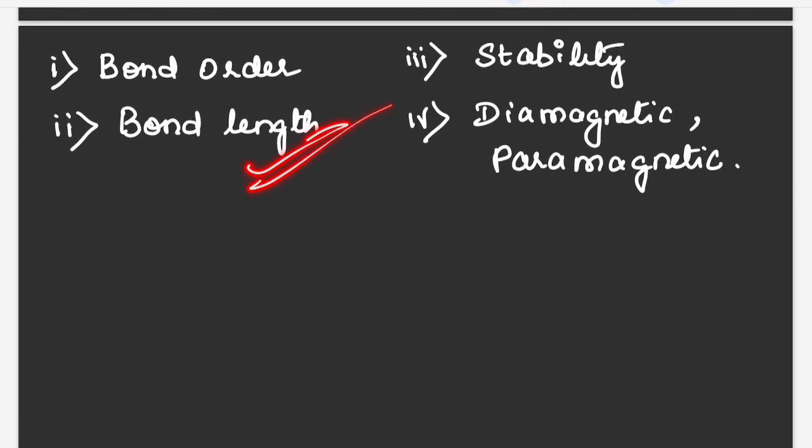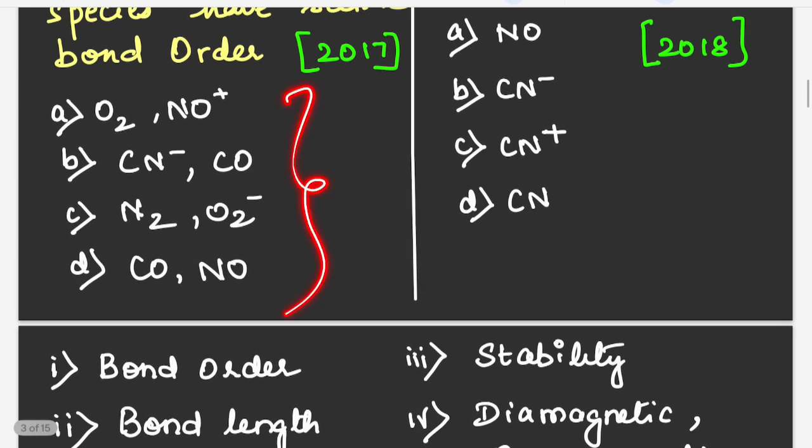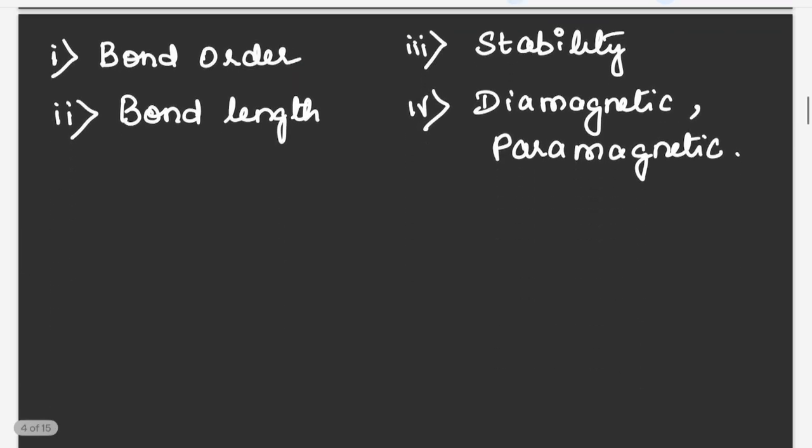Second, they can ask you to find bond length: species will be given and you find the bond length. Third type of question is to find their stability. Some species will be given and you have to find their stability. And fourth, they can ask whether they are diamagnetic or paramagnetic in nature.